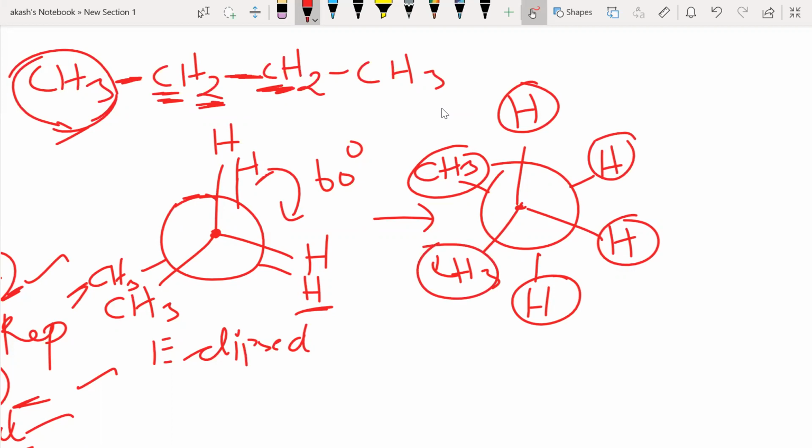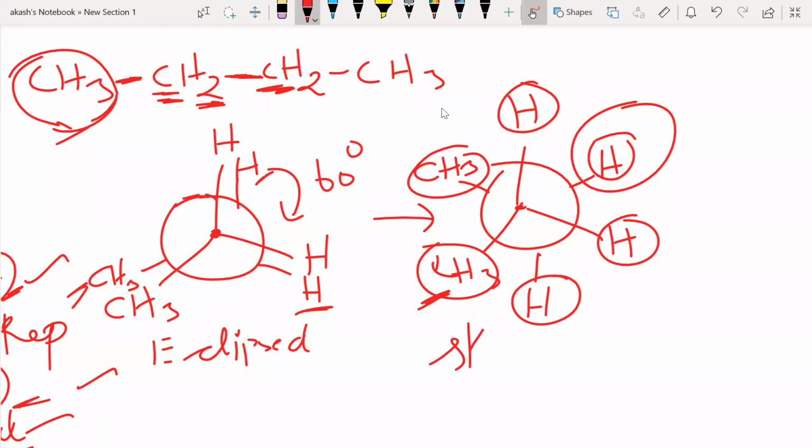And if I consider this methyl group, in this position the methyl group should have been there. Then only it's staggered. Hope you understand what I'm trying to say. It should be on the completely opposite side, whatever the groups you have. So this is not staggered, people. This is going to be somewhere in between staggered and eclipsed.